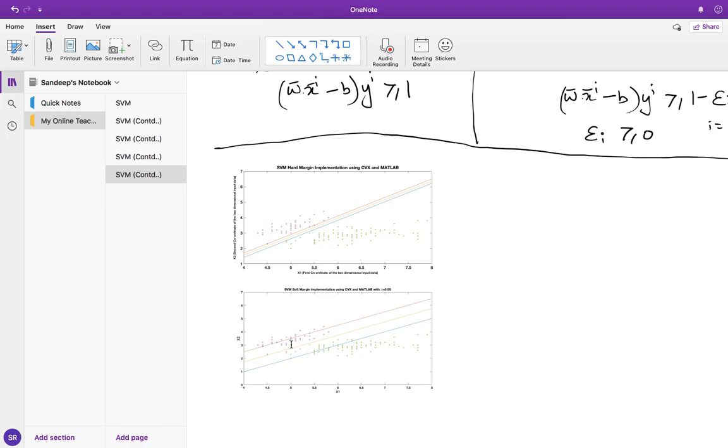As you can see here, some of the data points are compromised. They are not within the boundaries. So let us see all the details. I'll just show you the image here, and we can also simulate for various other lambda values. Let me go to MATLAB and show you the demonstration for this particular implementation of SVM.